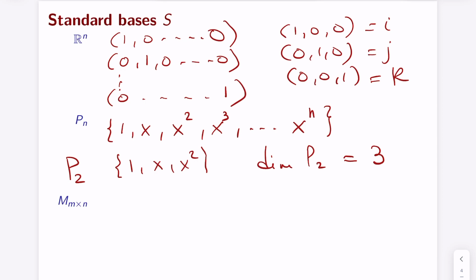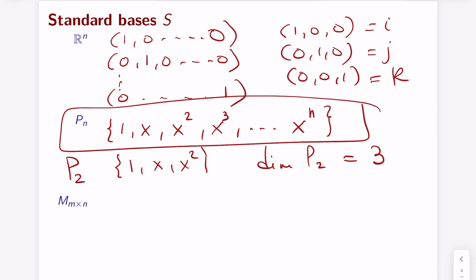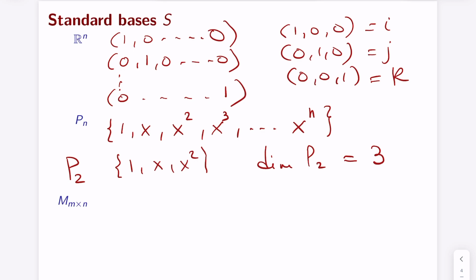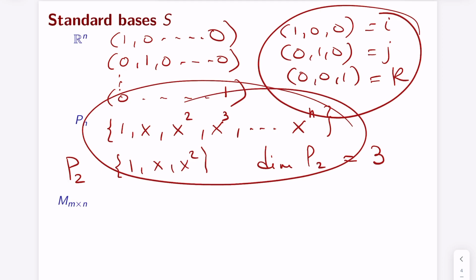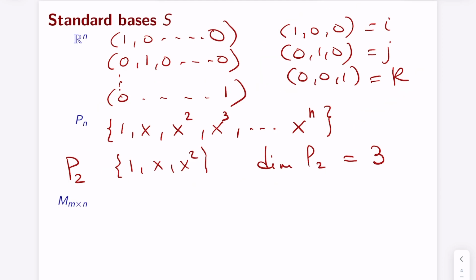Okay, so this is an important basis of the set of polynomials of degree less than or equal to n. It means that any polynomial can be written as a linear combination of these polynomials. And you can see also what the coordinates are, right? Having in mind i, j, k and the coordinates of any vector in relation to i, j, k, you can see what the coordinates of each polynomial are in terms of this basis.